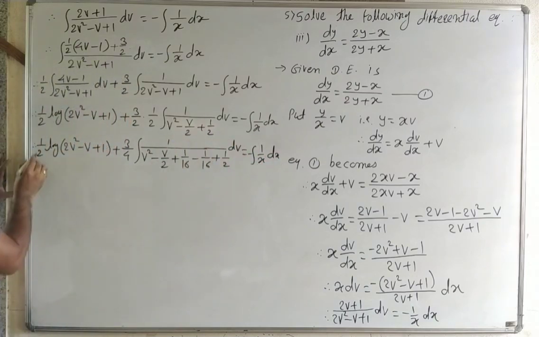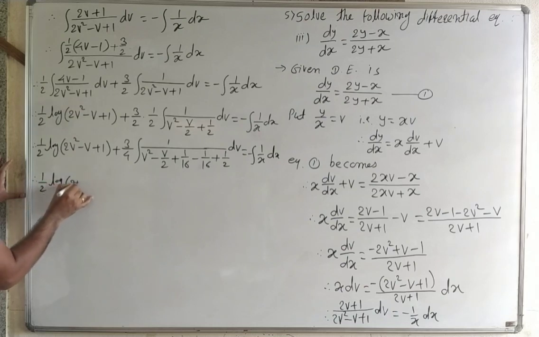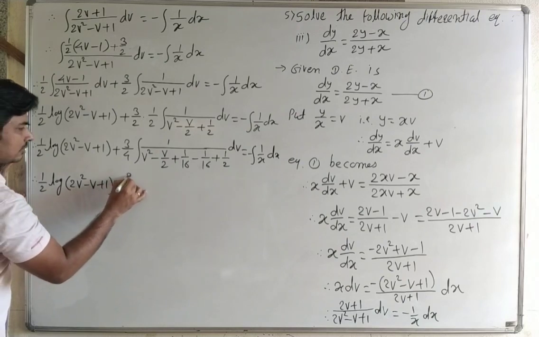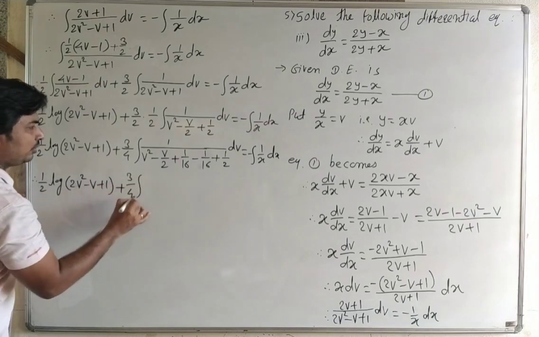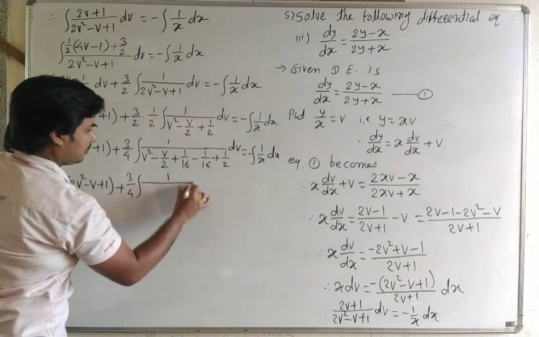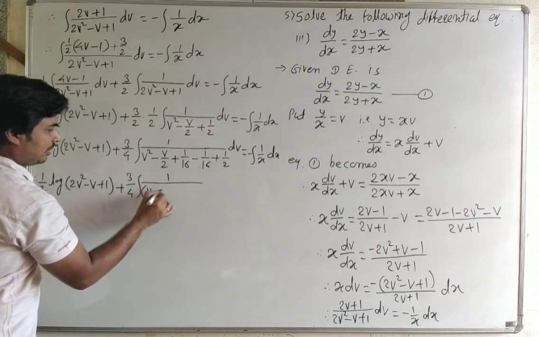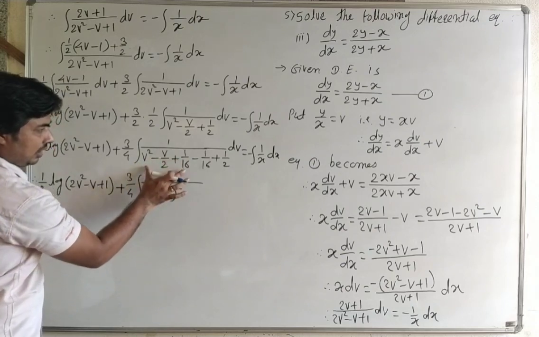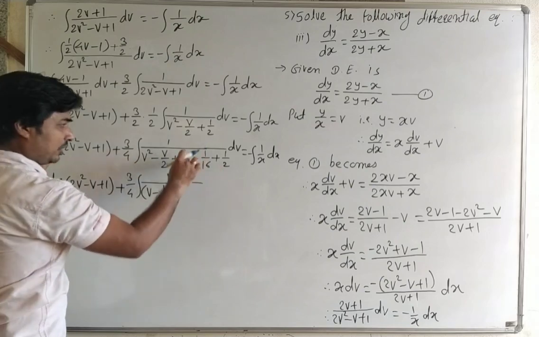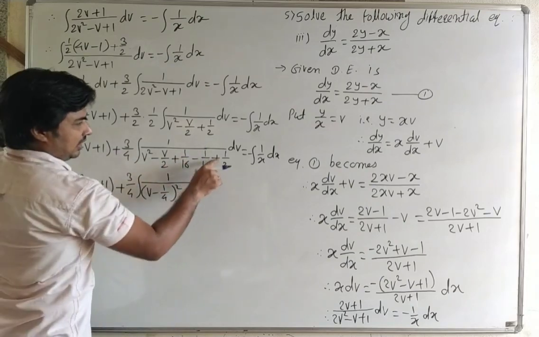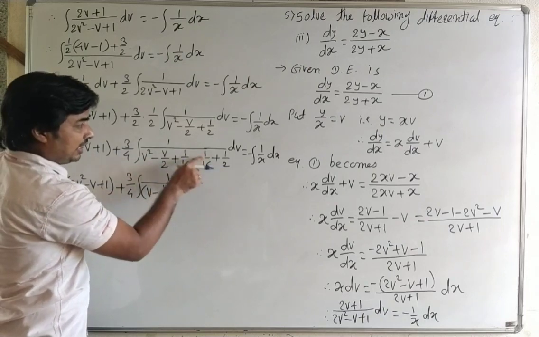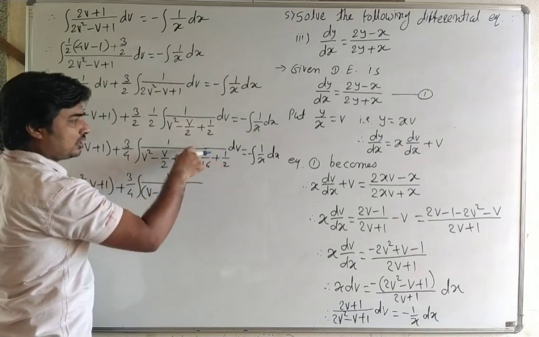Okay. Now, here it is 1 by 2 log of 2v square minus v plus 1 as it is plus 3 by 4 into the integral of, see carefully this, 1 by phi minus 1 by 4 whole square. The first three terms are the complete square. Now we calculate this. Here it is plus 16 plus 2. See carefully, plus 16 and here it is minus 2. Minus 2 plus 16 is plus 14.